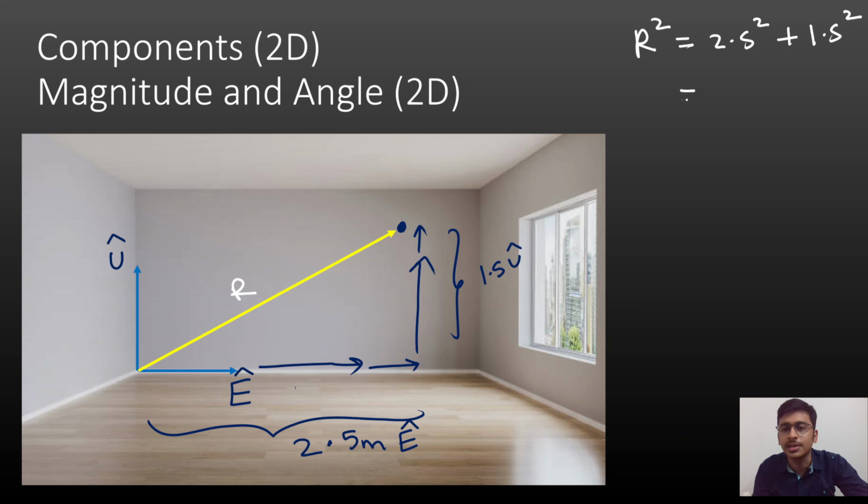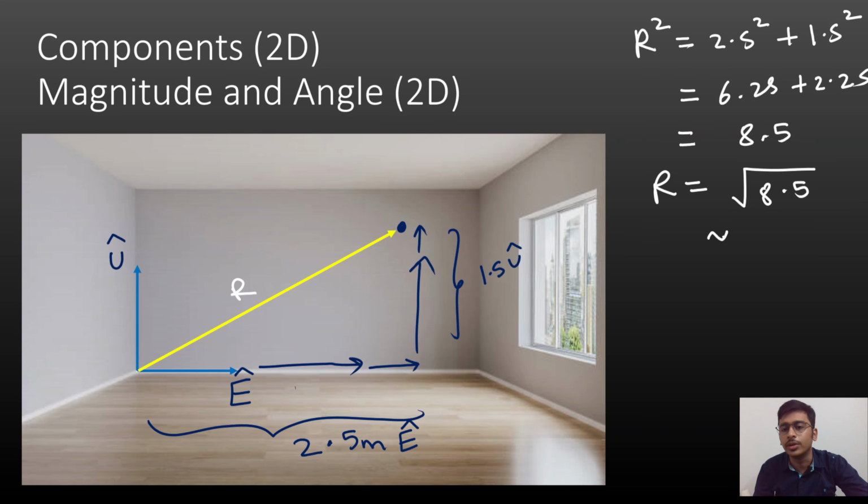So r squared is nothing but 6.25 plus 2.25. So I'll get 8.5. So r is nothing but root 8.5, correct? So let's say it's approximately 3 meters.